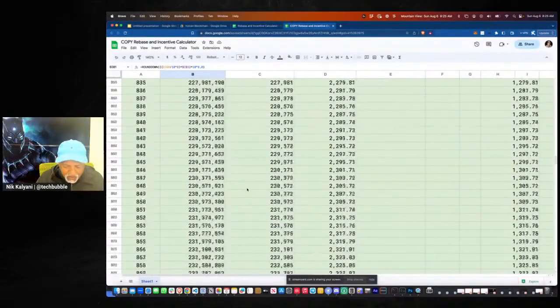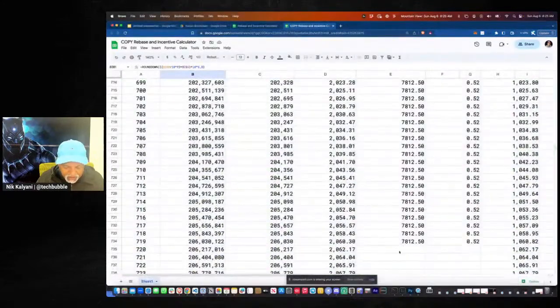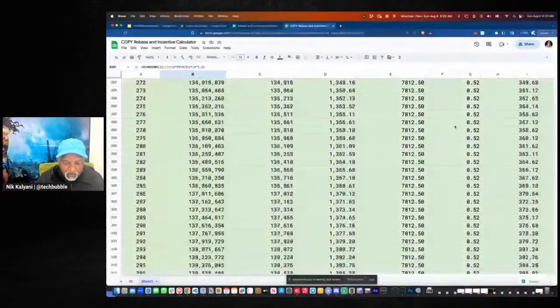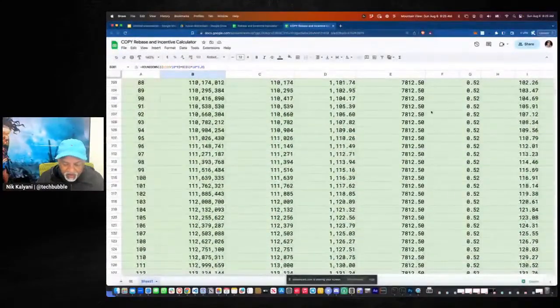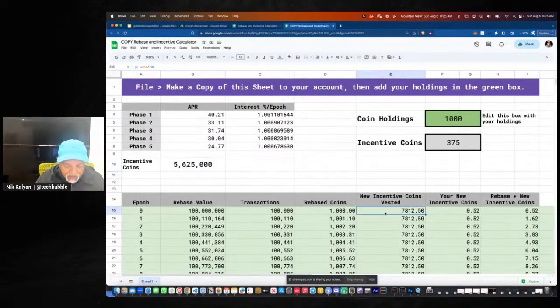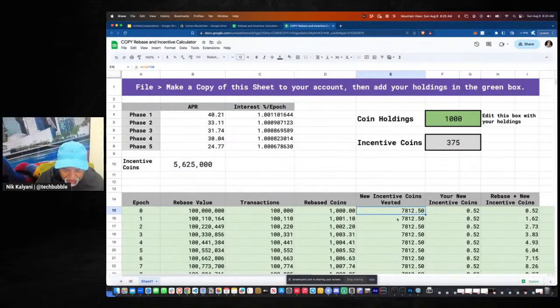Now, also along the way, you'll see that somewhere this column stops producing incentives, and that's because we've run out of incentive coins. The incentive coins are a pool, and they are there over a period of time. This number here is 24 months, which is 720 approximate days. It's a little bit more than that, 730 actually, but I just wanted to accelerate it a little bit more.